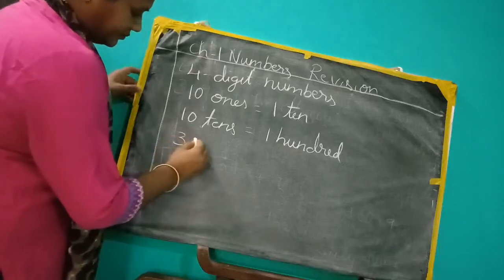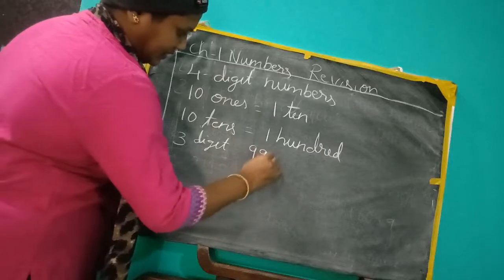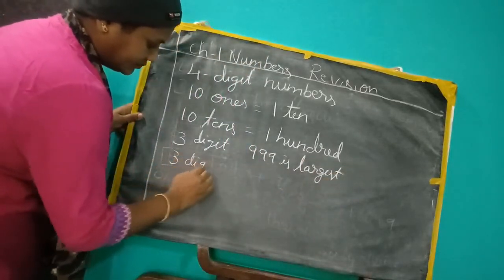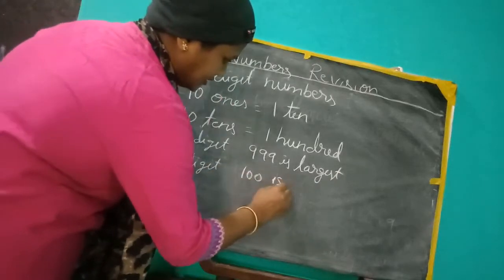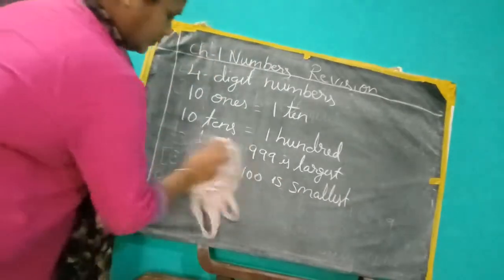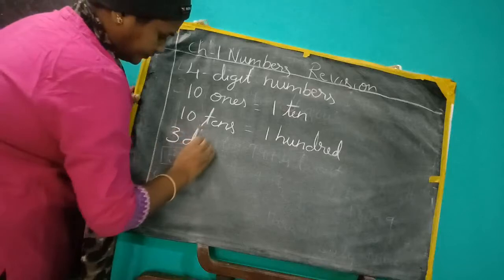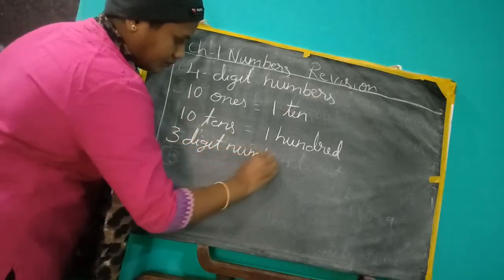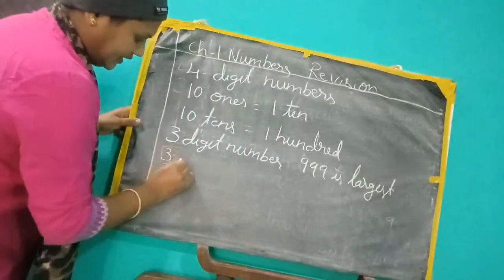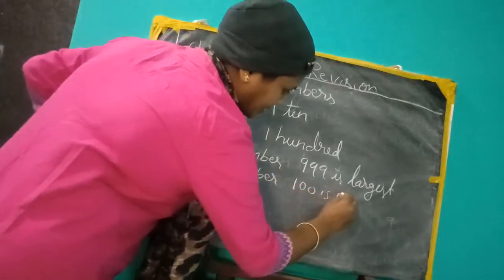In the 3 digit numbers, 999 is the largest number, and 100 is the smallest number.